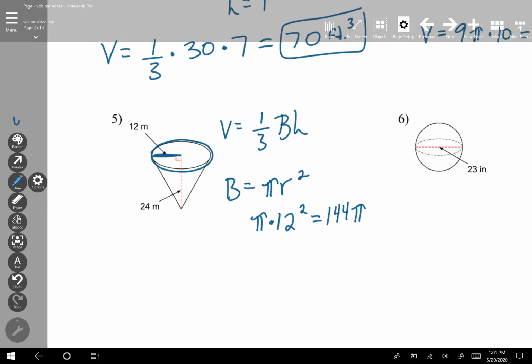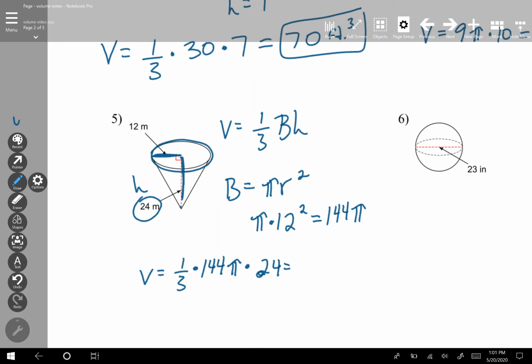Now I'm just going to plug in here. Volume is 1/3 area of the base, it's 144 pi, times the height of my cone, which is right here, just how tall it is from that base up to the point. It's 24.